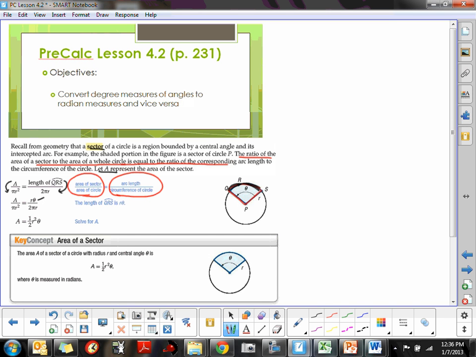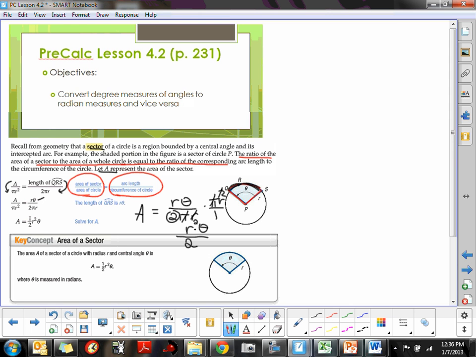So they multiply both sides by pi r squared. When they do that, they have A equals r times theta all over 2 pi r, times pi r squared over 1. The pi's will reduce, the r squared will reduce with one of the r's, and we'll be left with r times theta times another r, which is r squared, divided by 2.